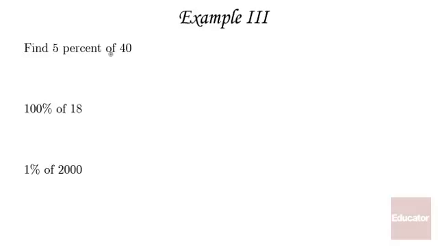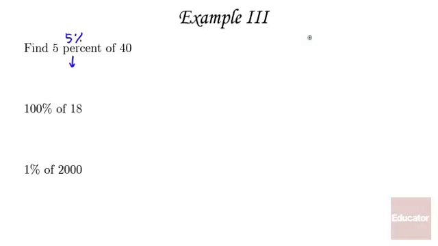Find 5% of 40. So we want to find 5% of 40. Even though this right here is the same thing as this, right? We still have to change this. Be careful, just because you don't see the percent sign doesn't mean that you can just drop this number down. It's still a percent, so you have to change this to a decimal.